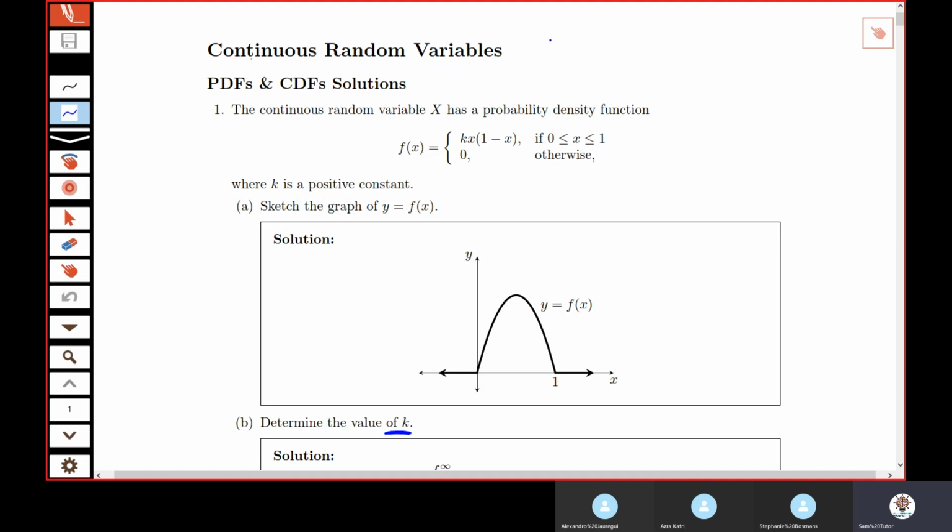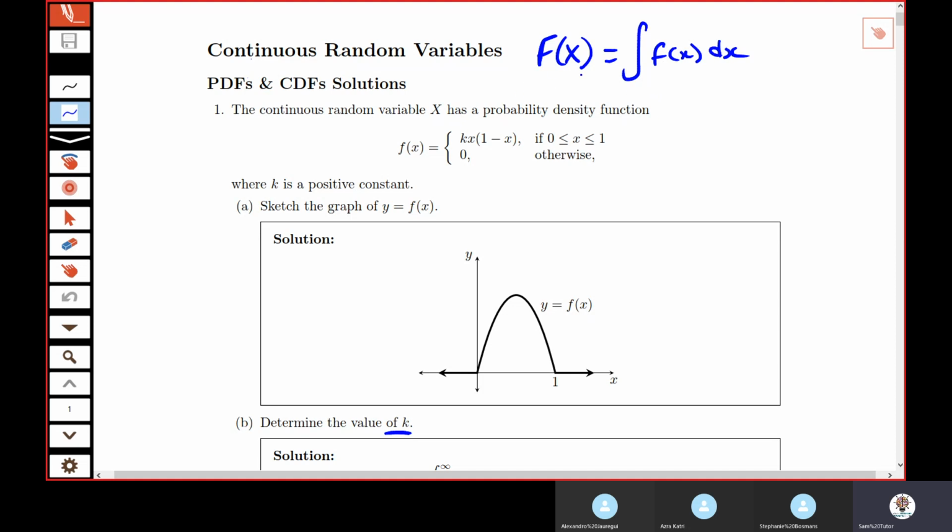So our cumulative distribution function, which is F of x, is the integral of the probability density function, the integral of the PDF, f of x dx.